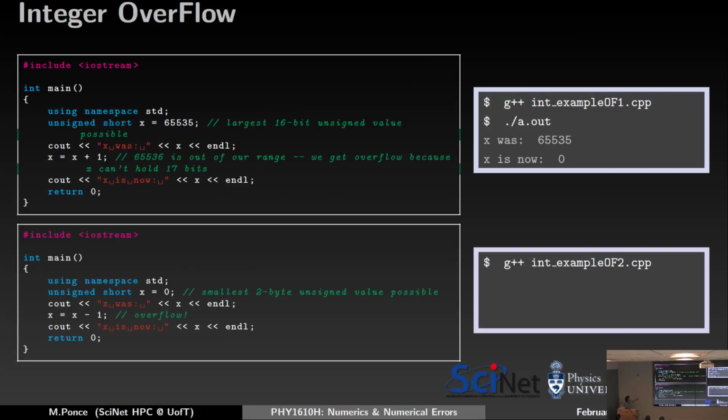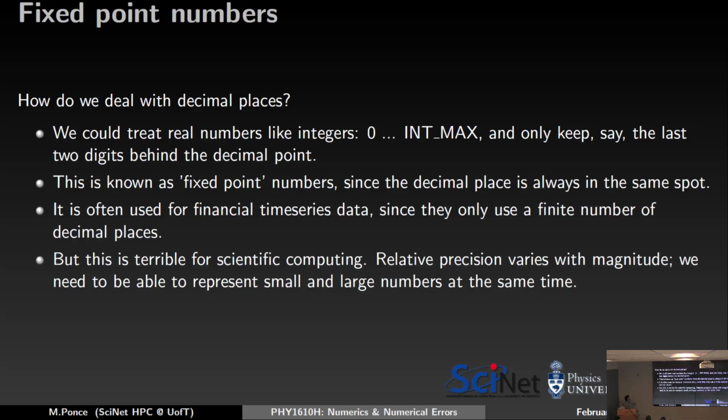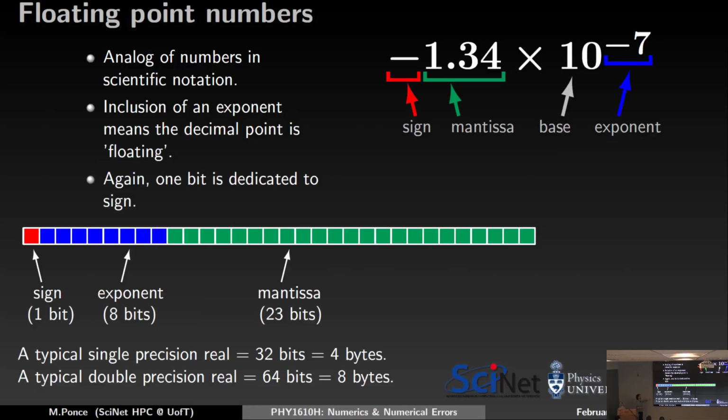You can see that there is a bit more gymnastics in the representation of floating point numbers because of this leading digit, which is always good to have different from 0 at least. So if it were 0.34, it would be 3.4 times 10 to the minus 6.